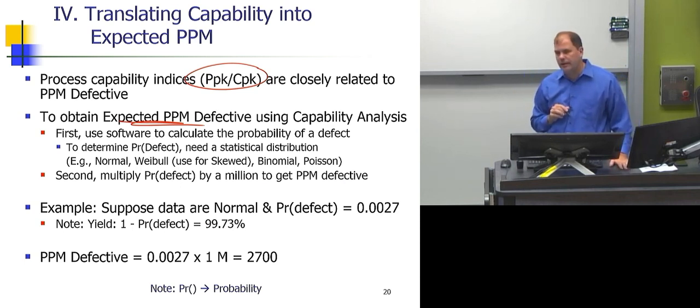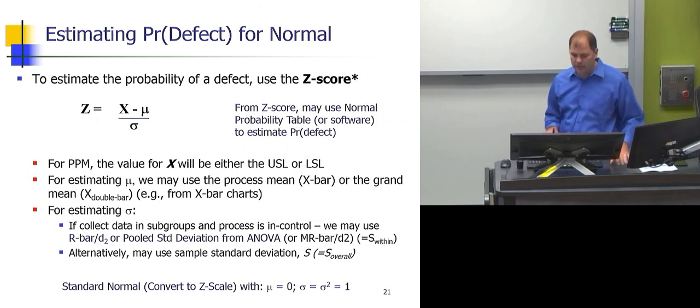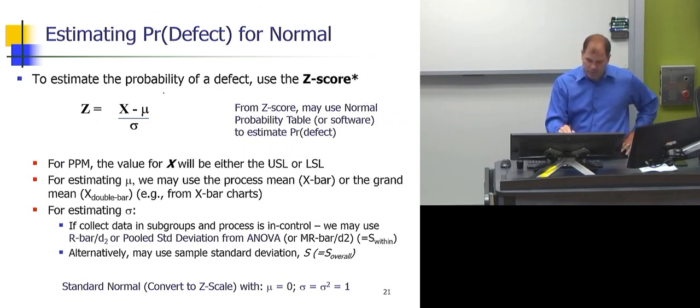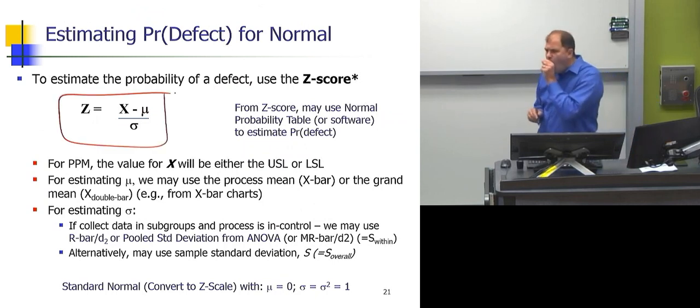The way this would work is that we're going to use software to identify a distribution, and then from that distribution we're going to calculate the probability of a defect, multiply this by 1,000,000 to get PPM. So if the probability of a defect was 0.0027, times that by 1,000,000, I get 2,700. Now I'm going to let software do this, but we should be appreciative of the approach.